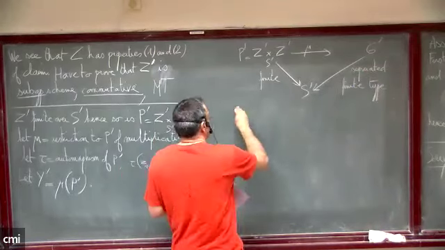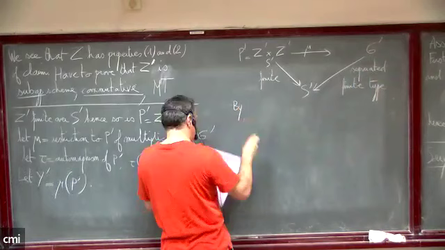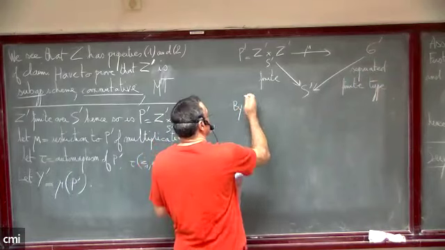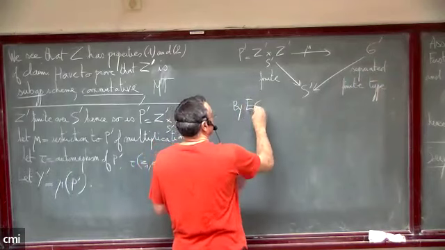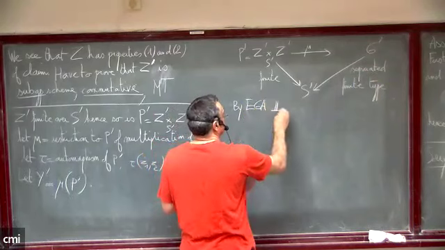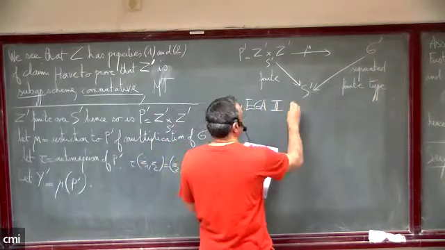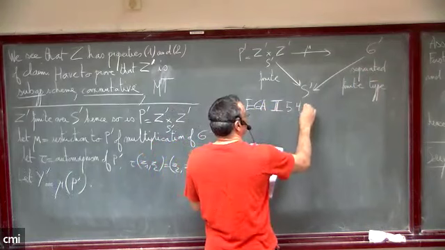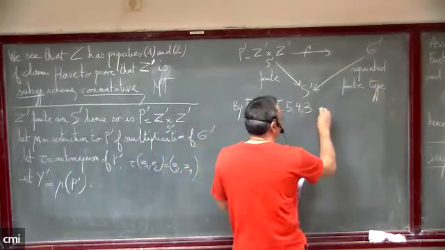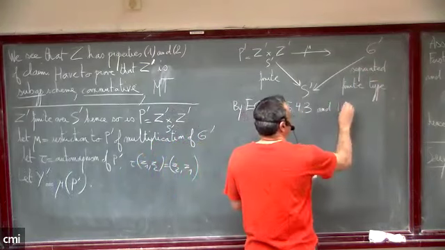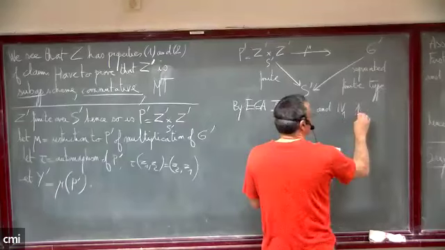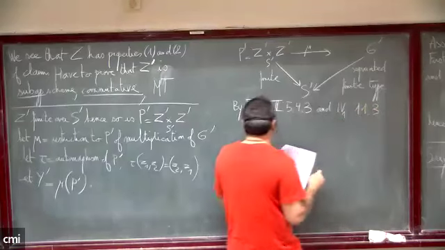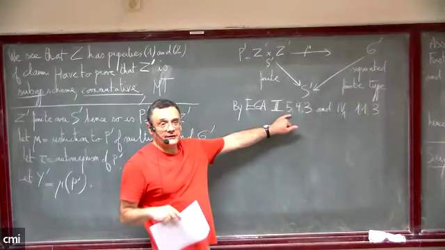Well, so by some results in EGA 2, so this is the part about finite morphisms.